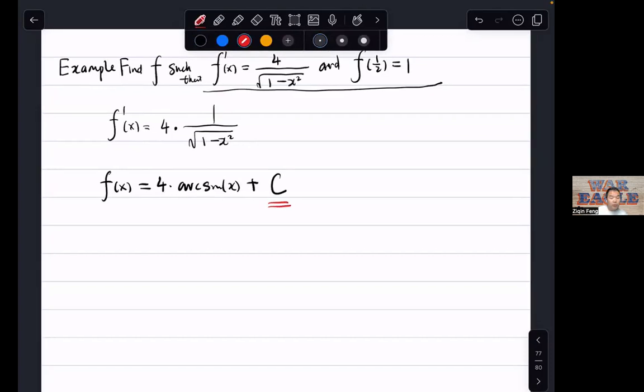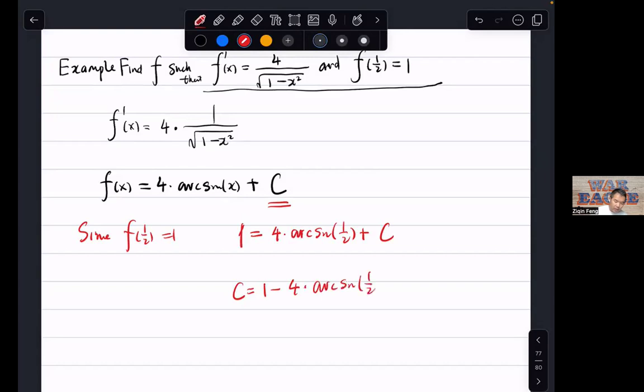And we also know that f of 1/2 is 1, which means 1 equals 4 times arc sine of 1/2 plus a constant. So C here equals 1 minus 4 times arc sine of 1/2.